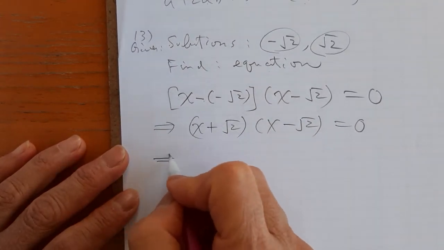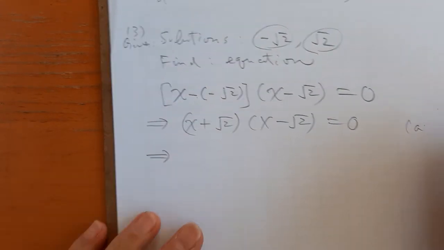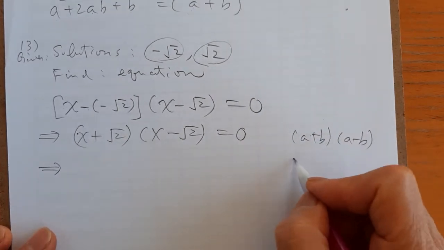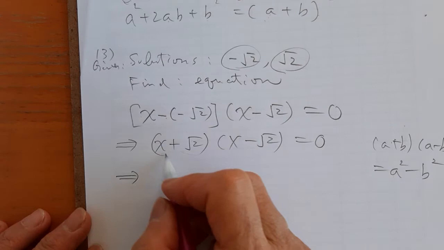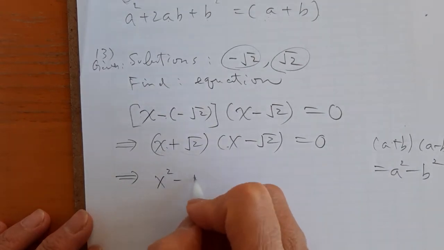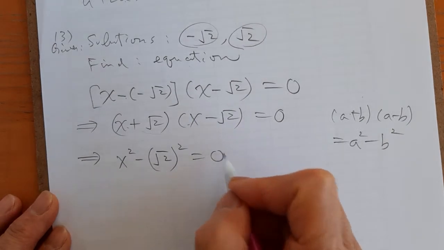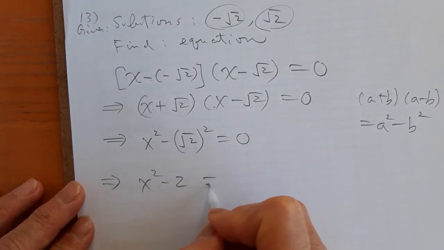And use the difference of squares formula. A plus b times a minus b equals a squared minus b squared. Or you can use FOIL. So we get x squared minus square root of 2 squared equals 0. So you will get x squared minus 2 equals 0.